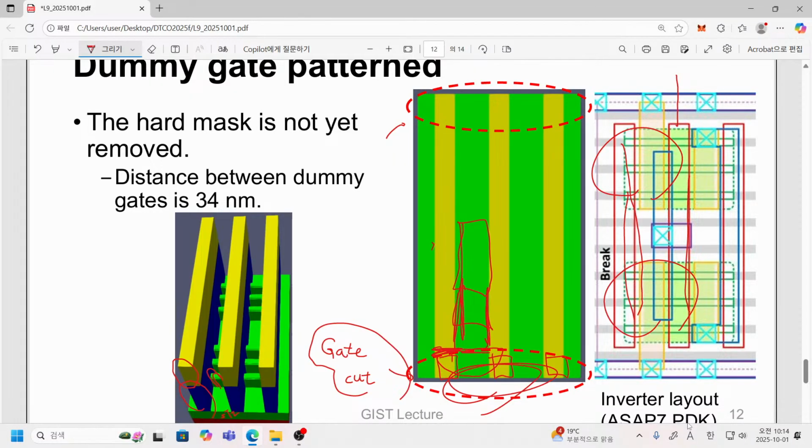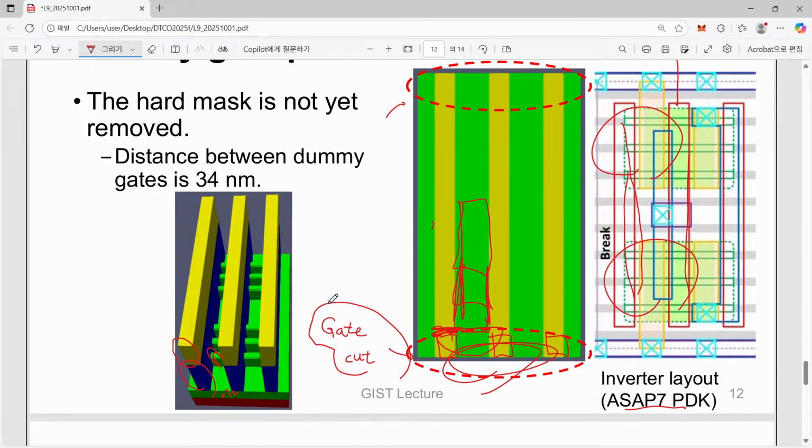So it is almost impossible, if we use this kind of double patterning or quadruple patterning, to make disconnected segments in the running direction. So unfortunately, we have to draw an extremely long line. After that, once we make it uniformly, then just cut the unwanted parts. That's the reason why this kind of gate cut and fin cut steps are required. Okay, so we will talk about this one later.